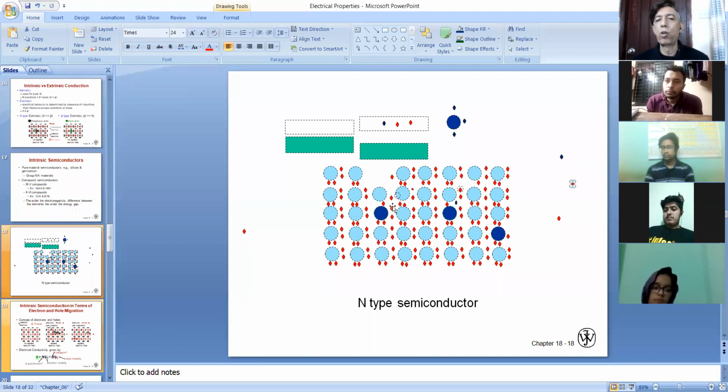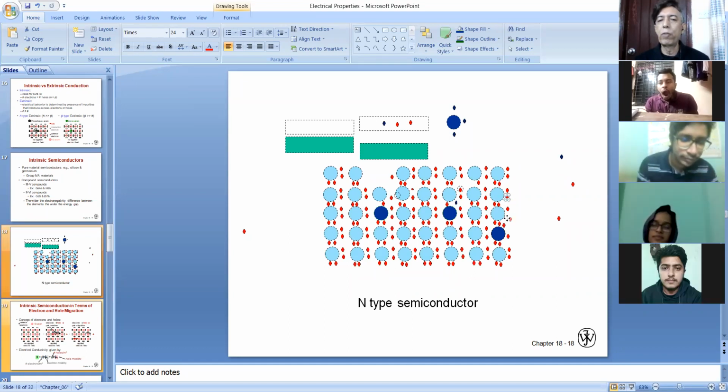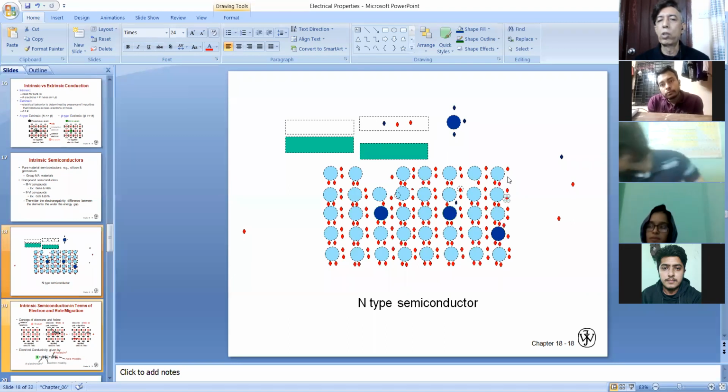If 1 electron comes from here to here, then the hole is here.